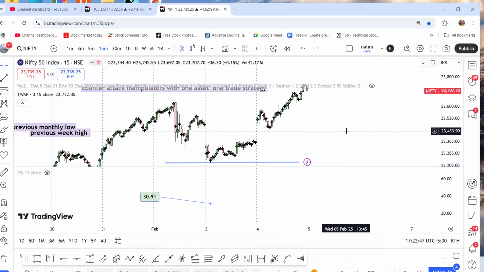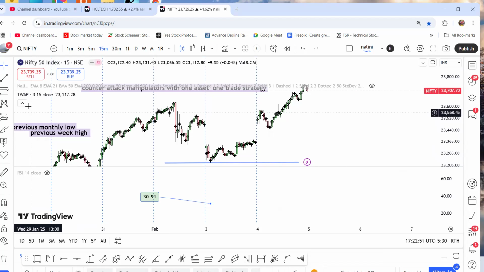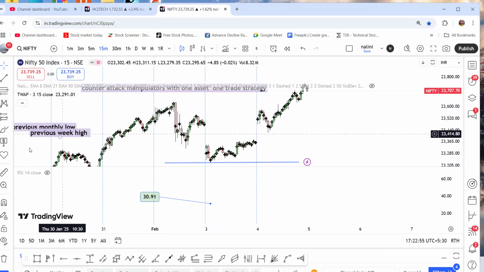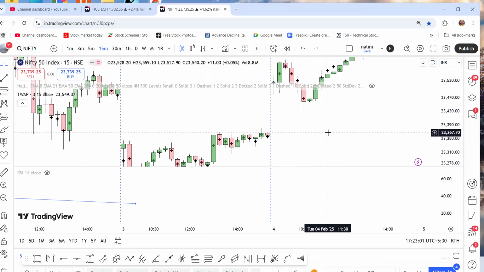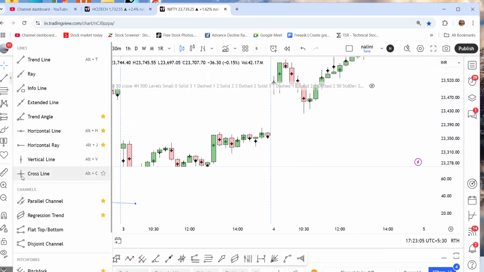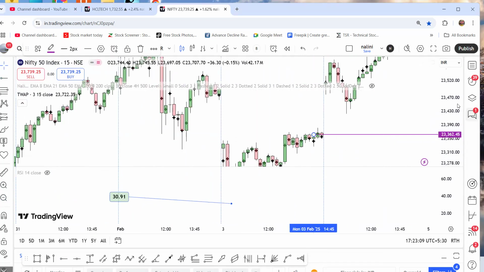So when you see here, what you need to do is, on the previous day, you have to mark the average weighted price level that I had already mentioned. This is your guideline for the next day.